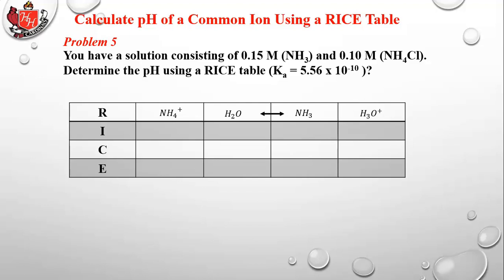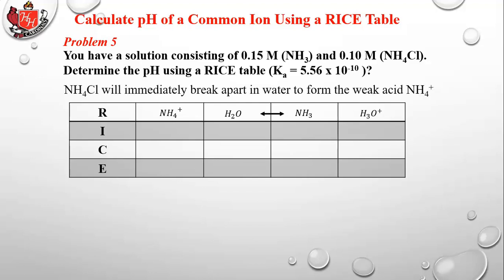It produces hydronium ions. Okay, let's go ahead and plug in the numbers. So NH4Cl, what we just said, will immediately break apart in water to form a weak acid, NH4 plus. So that's the ammonium ion.